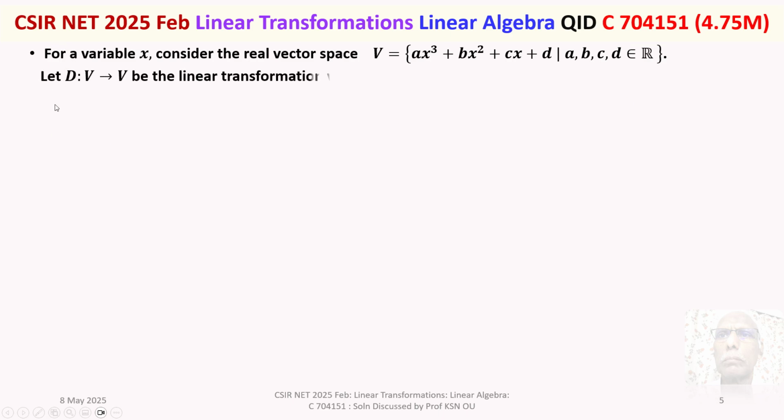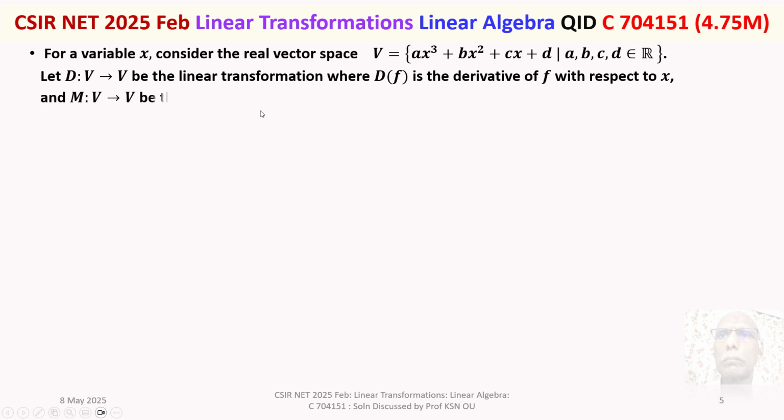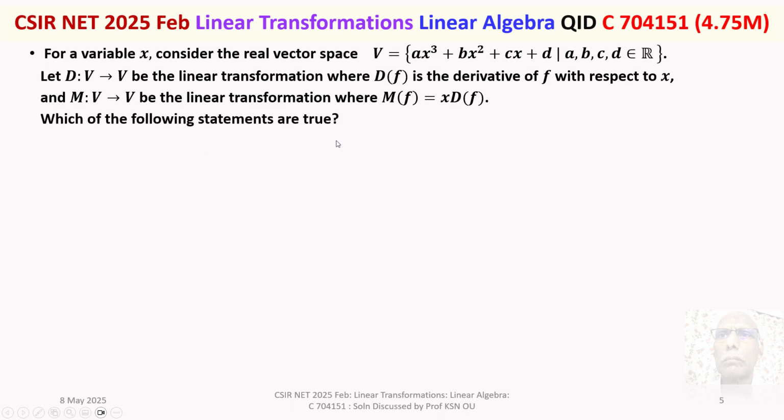Let D be a linear transformation from V to itself, defined as D of f is the derivative of f with respect to x. And M is a linear transformation from V to itself, defined by M of f is equal to x times D of f. Which of the following statements are true?